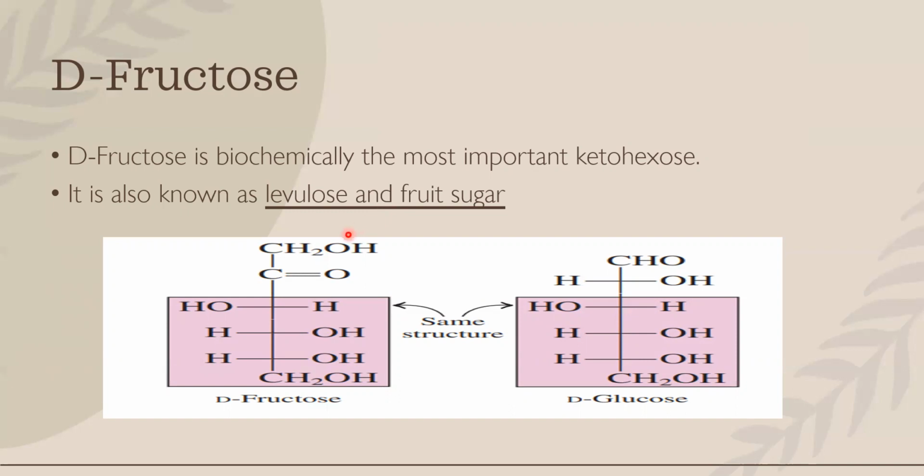Sometimes ginagamit natin siyang alternative for glucose used as dietary sugar. Okay, so bakit? It is not because it has fewer calories per gram than other sugars, but because less of it is needed. So ibig sabihin, mas konti yung gagamitin mong sugar pag ang ginamit mo is fructose kasi mas matamis siya. Unlike glucose, mas madami kang ilalagay kasi hindi pa niya nare-reach yung certain sweetness na gusto mo.